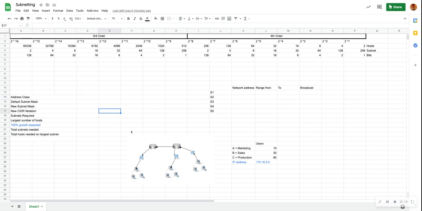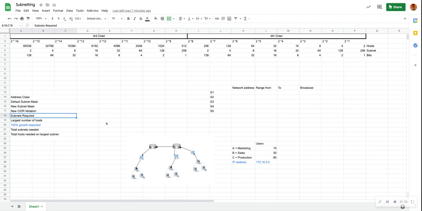Okay, so as we look at that diagram, let's start from the left to the right, and call these 3 teams A, B and C. So marketing's A, sales B and production C. From that diagram, hopefully we remember that routers separate networks. So when the question's asking how many subnets we require, we're going to need a subnet for marketing, a subnet for sales, a subnet for production, but we're also going to need a subnet that joins these 2 routers together.